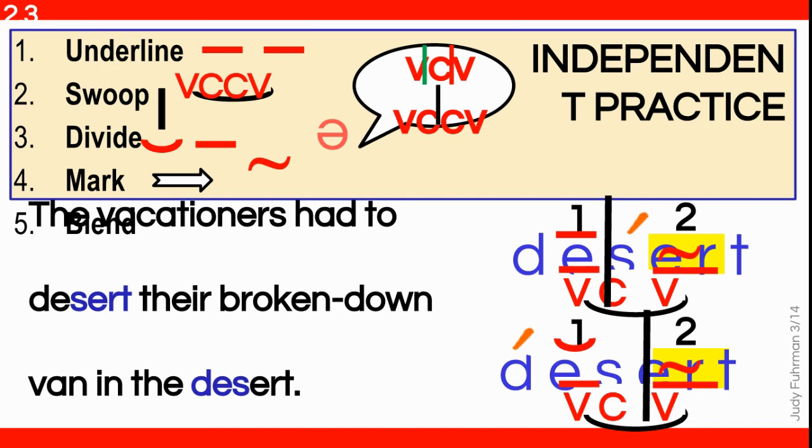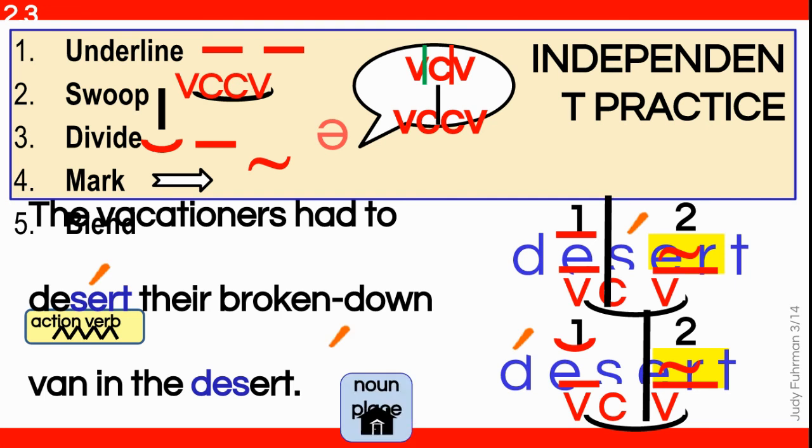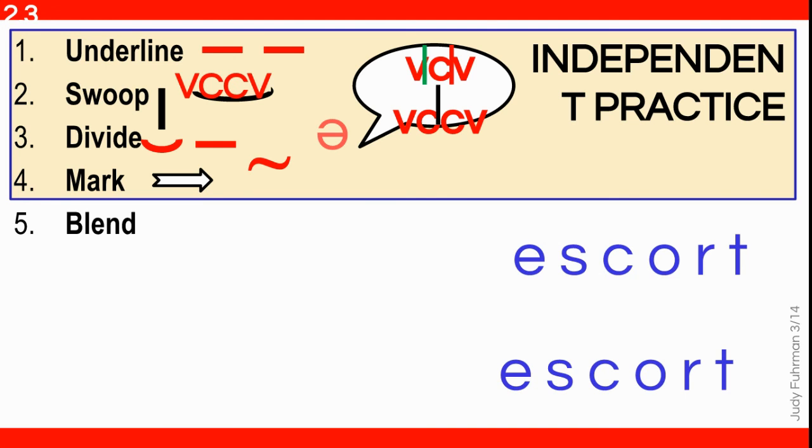The first pronunciation would be desert, and the second one, desert, with the short E sound. Desert is the action verb, and then you have the noun, a place, the desert.